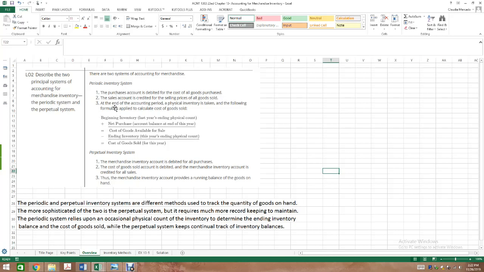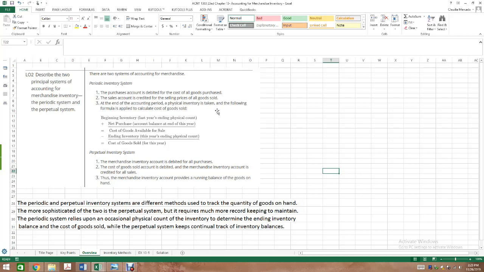And then at the end of the accounting period, you're going to have to get a physical inventory. You're going to go to your warehouse and physically count all of your inventory. Then you're going to use the following formula to calculate the different components of your inventory, so you can make the necessary adjustments.